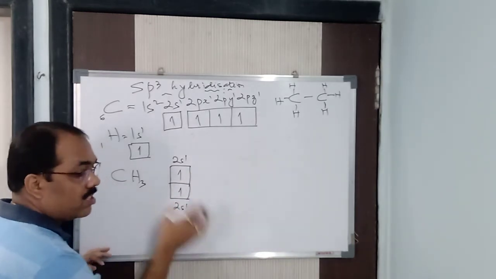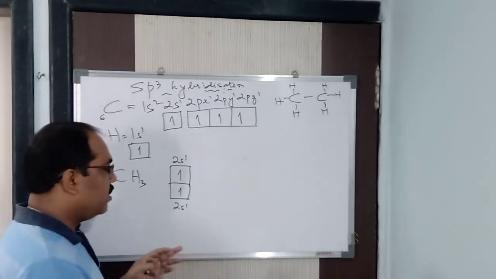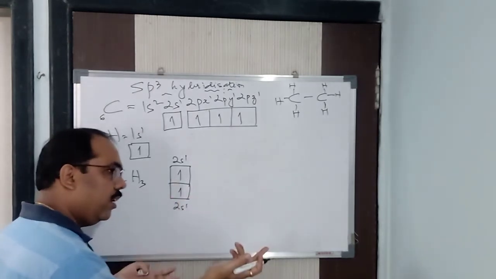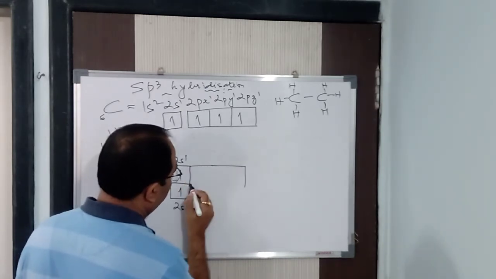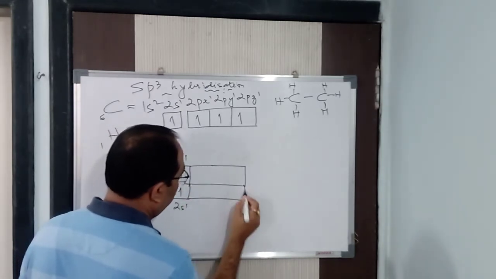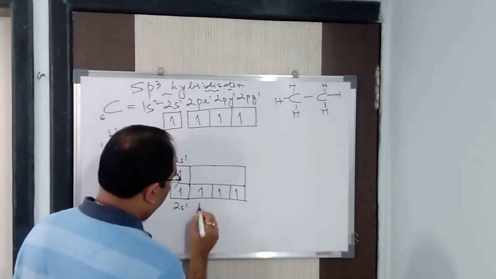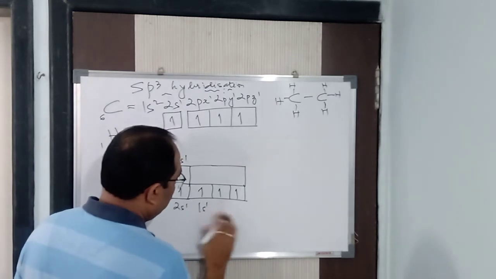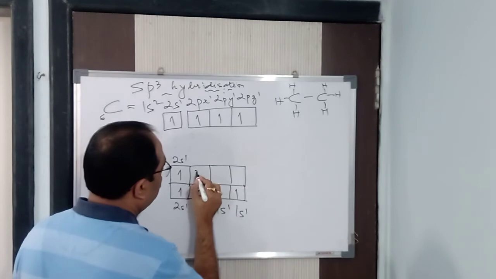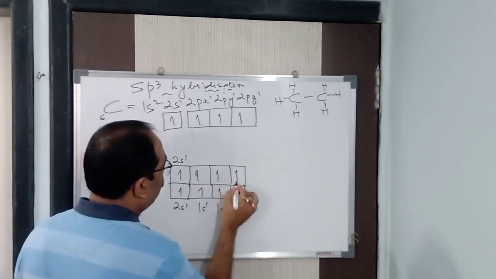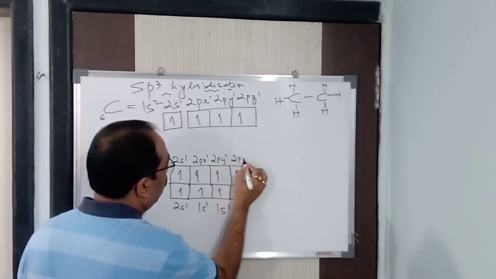There is no problem, because when they come closer to each other they arrange themselves. Then you combine this one, because now it is going to form a hybrid orbital. This is 1s1, this is 1s1, this is 1s1, and this is 2px1, 2py1, 2pz1.